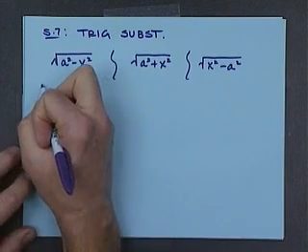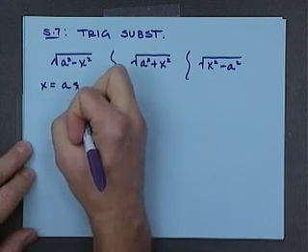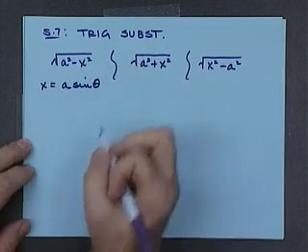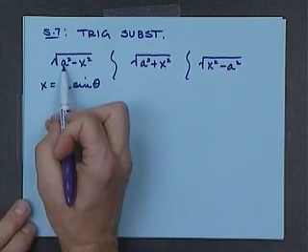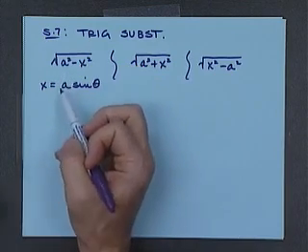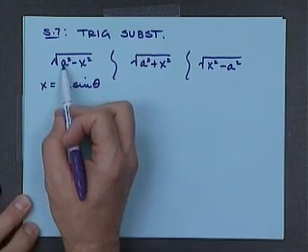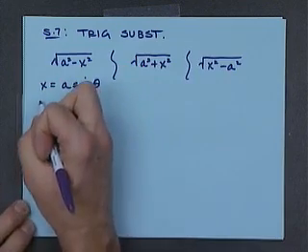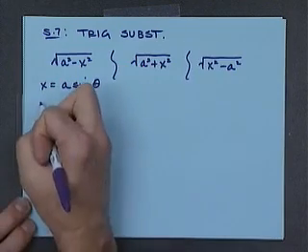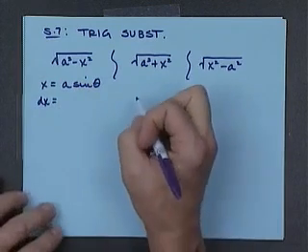So here's the substitution in the first one. Wherever we see an x, we're going to plug in a, whatever a is in that particular problem. We're going to do at least one example of each type. But whatever number a is, a sine theta. When we do that, we'll also have to find dx. I'll forego that for right now.